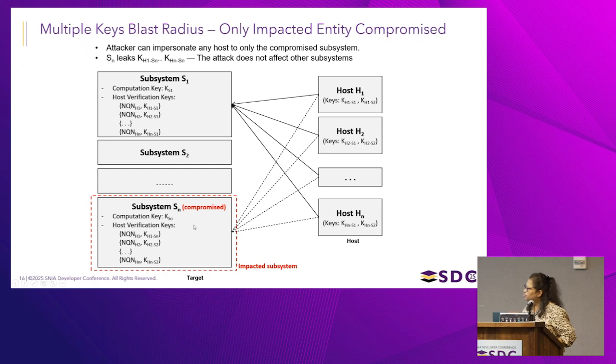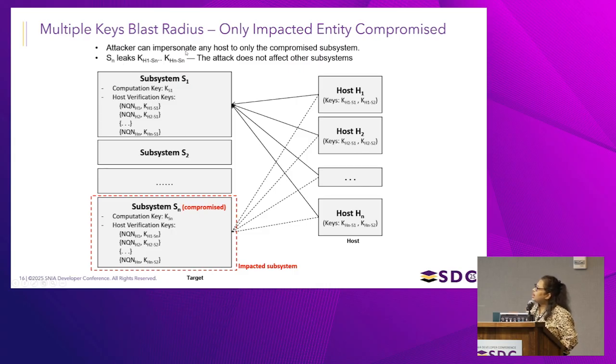So if this subsystem is compromised, the attacker will gain access to all the host keys relevant to only this subsystem. The attack basically doesn't compromise the other subsystems. If the attacker tries to access another subsystem, the same host key will not work, because that system requires the host key which is mapped to that subsystem.